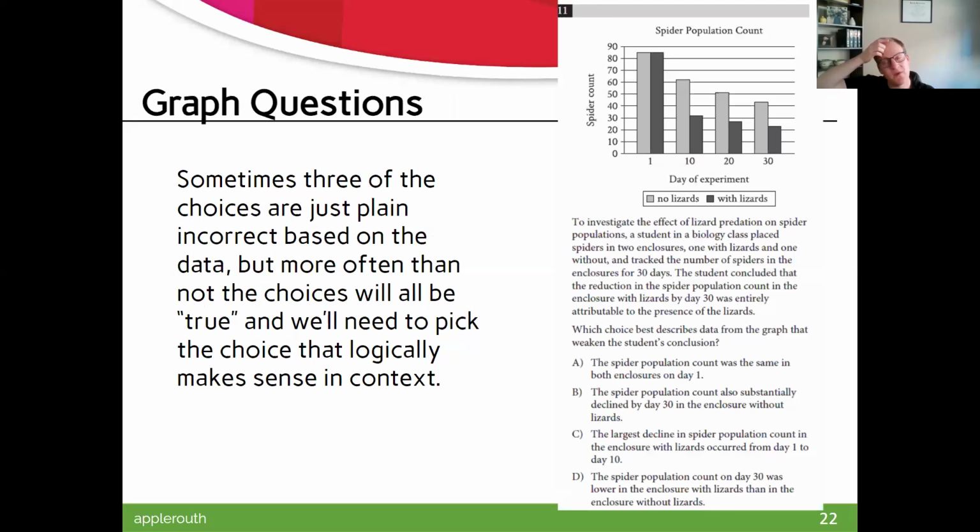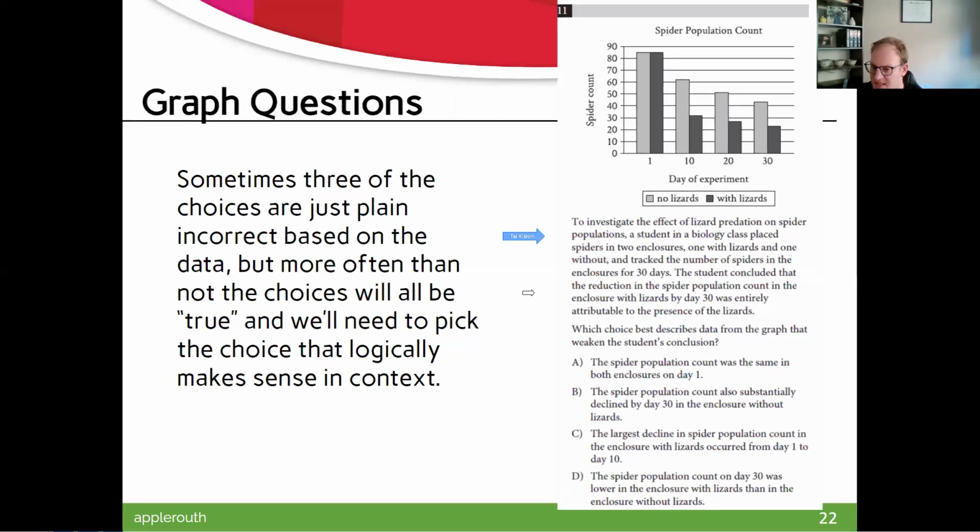The last question type that we haven't talked about is also actually command of evidence. It falls under command of evidence if you ever need the category, but they just have graphs sometimes. What I do for these is question first. So I would start right here. Read that to determine what they're asking, right? Question, passage. So what weakens the conclusion?